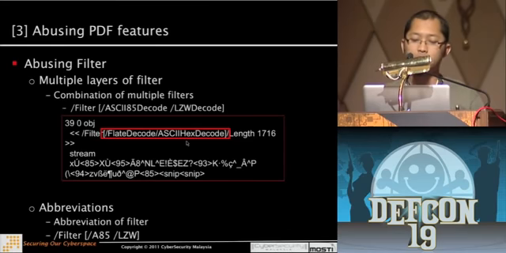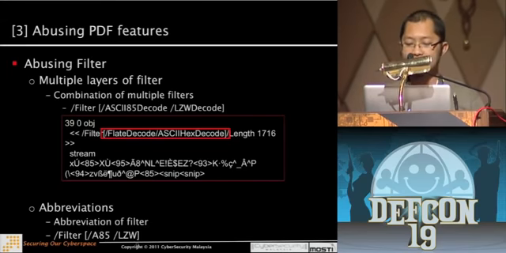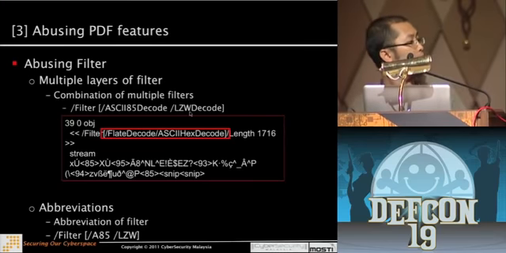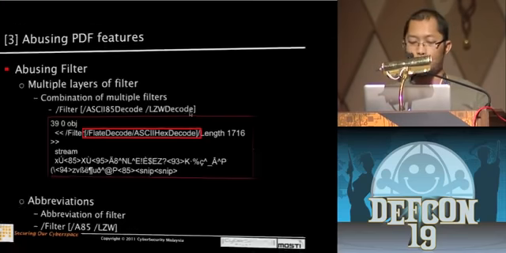You can also use abbreviations, for example A85 belongs to ASCII85Decode, and LZW belongs to LZWDecode. With this kind of abbreviation, if you don't handle it in your parser, it would be difficult to decompress all these filters.